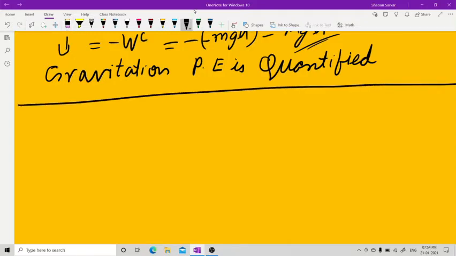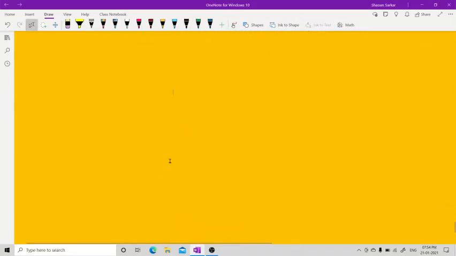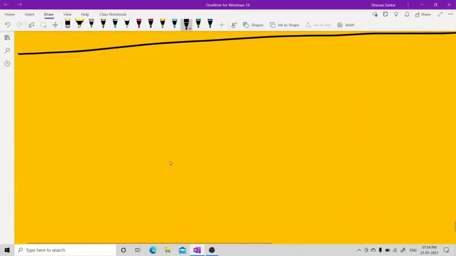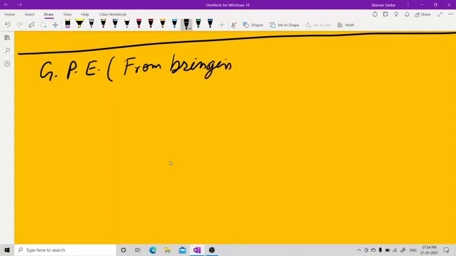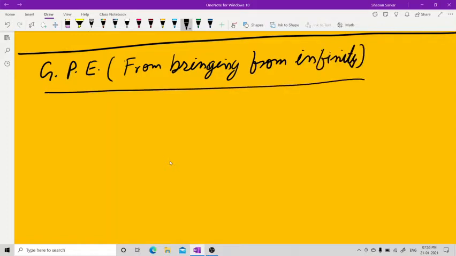This line, okay. Now we will see when the body is above the surface of the earth. Gravitational potential energy from the point of view of infinity, from bringing a body from infinity. This was asked in one of the external papers last year.